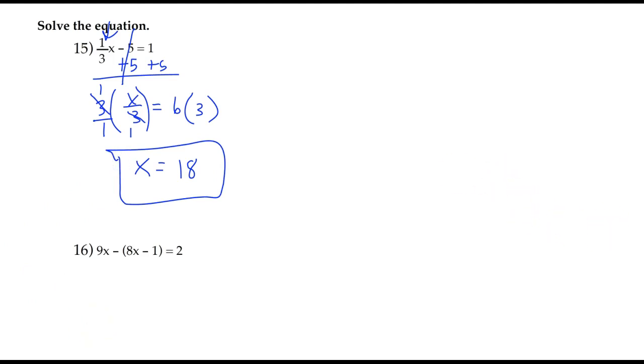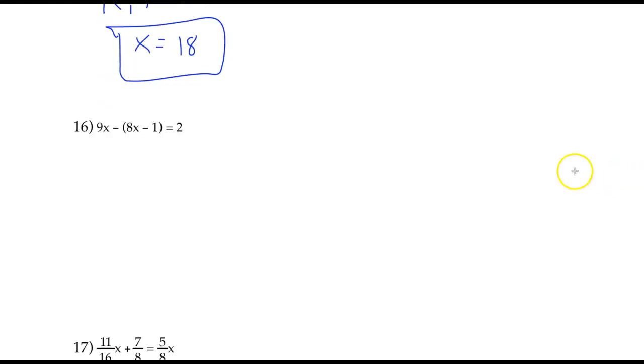So moving on to number 16, before we can do anything, we need to take the understood 1 that is right here by the subtraction sign, because I know that subtraction is the same as plus a negative, and in this case, plus -1 times what we have here.